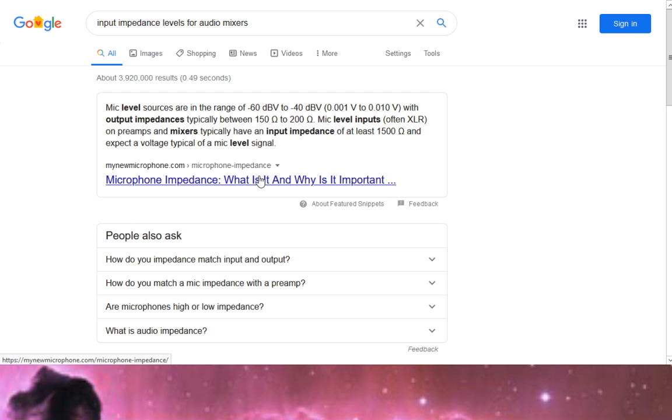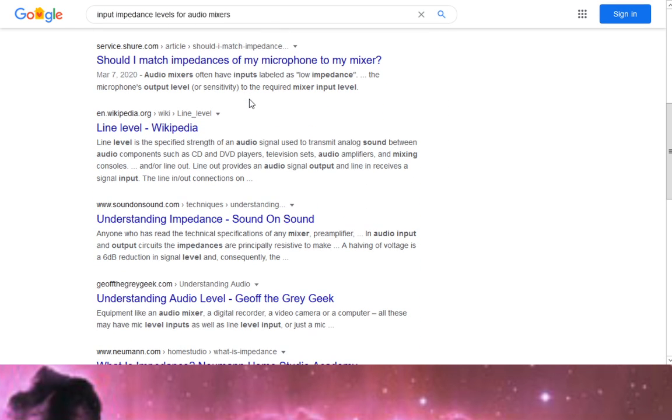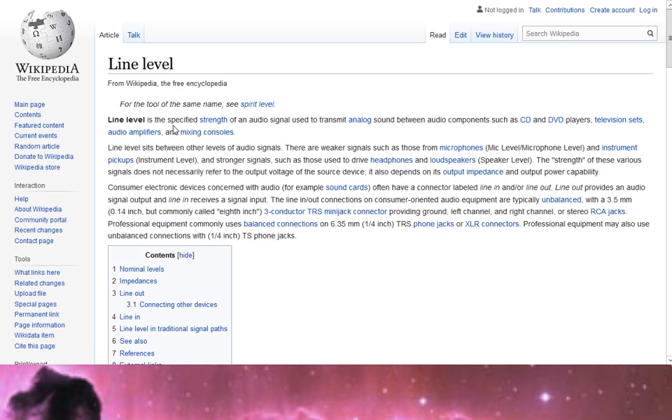What's this one here? It's too slow. I've been having issues with Firefox lately. Okay, there's line level. Let's see if we can get something out of this. Alright, so line level, that's what we're kind of looking for.